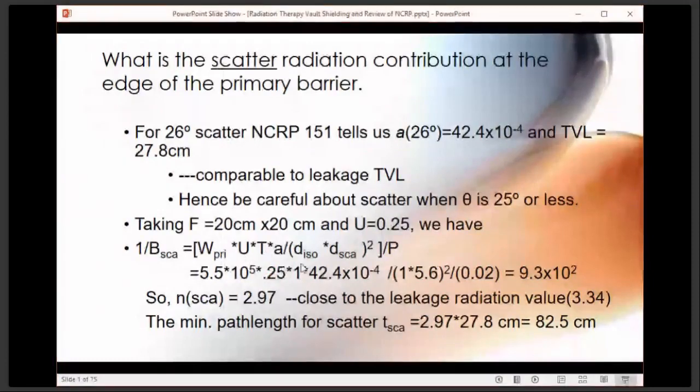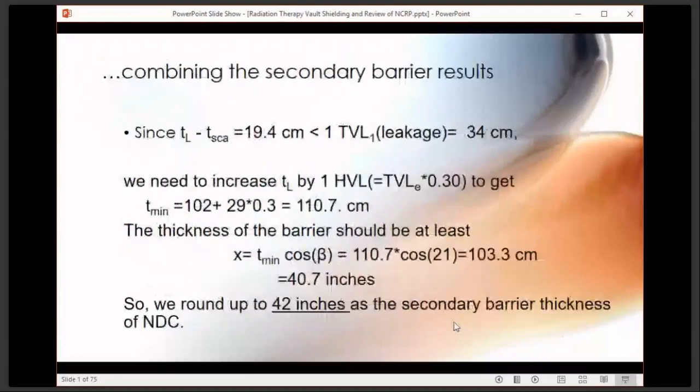Plug in the other values and calculate, and we get 9.3 times 10 squared, or almost 3 TVLs, but 2.97 TVLs. When we put in the fact that our TVL is 27.8 centimeters, we need 82.5 centimeters of normal density concrete just for scatter radiation.